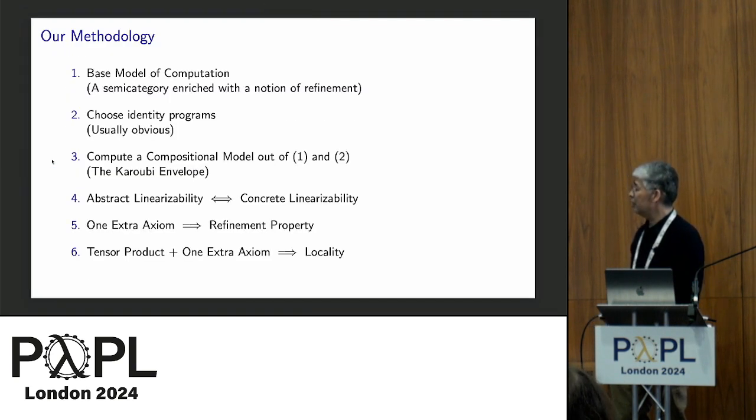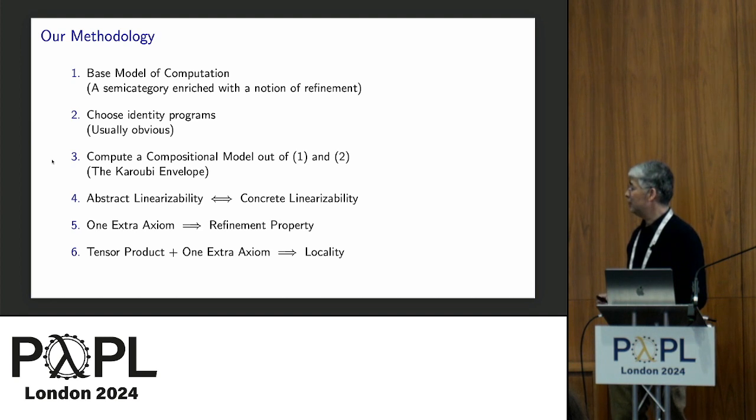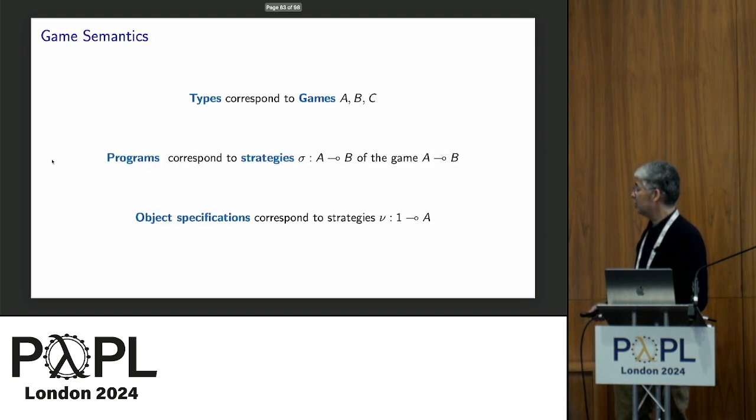The methodology is we first build a game model, a basic model of a sequentially consistent computation. Then we look into the reason why it's not compositional by defining what the identity program looks like, and then we compute a compositional model from the two, and then magically we see that we can model linearizability in a much more general way, and all those properties work.